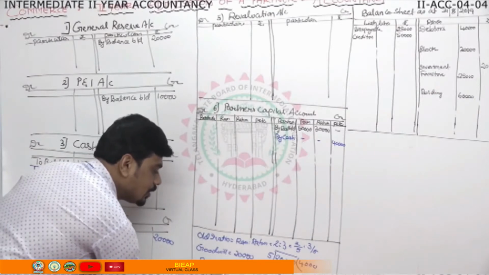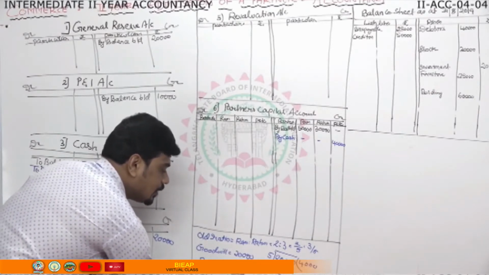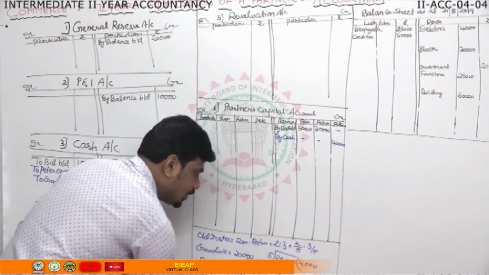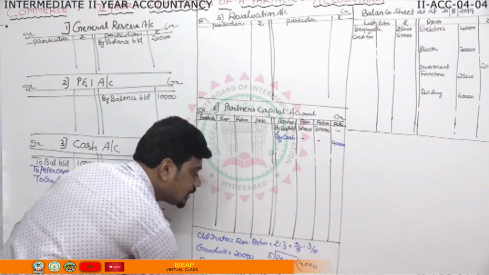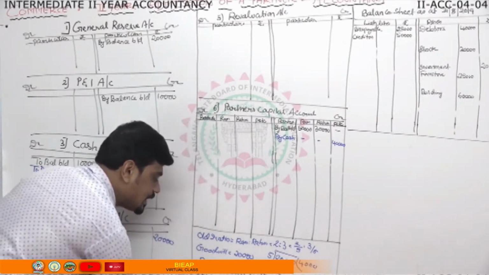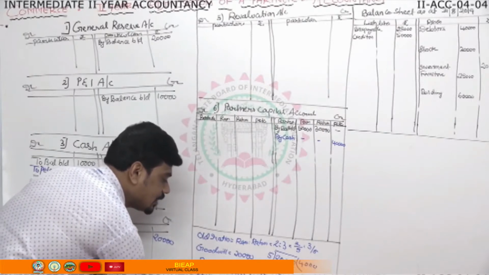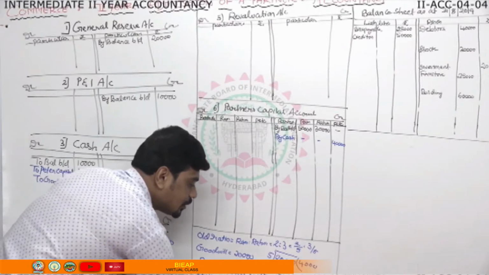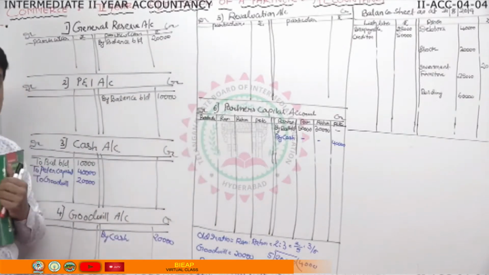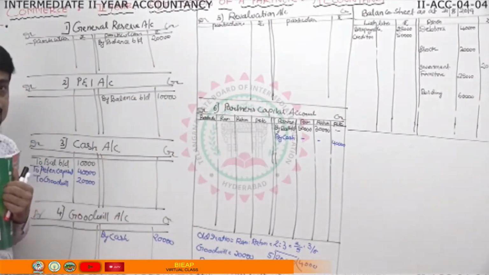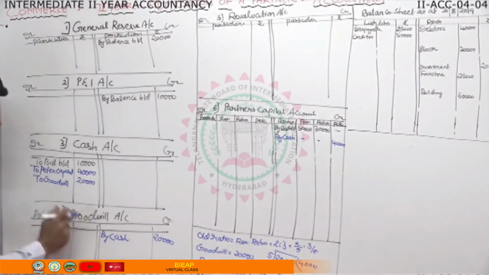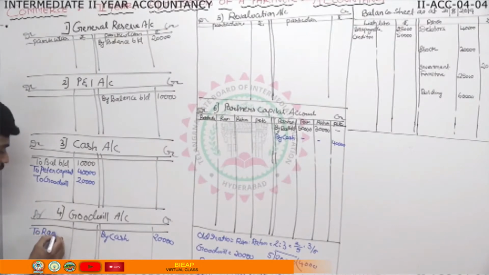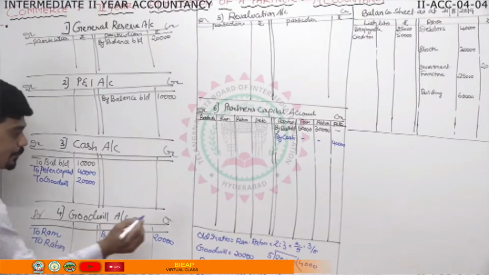So Ram: 4,000 into what is his share? 2. 8,000. Then Rahim's share: 4,000 into 3. 4 3s are 12,000. So goodwill is to be distributed. What is the entry for distributing goodwill? Goodwill account debit to partners' capital, so to Ram's capital, to Rahim's capital.